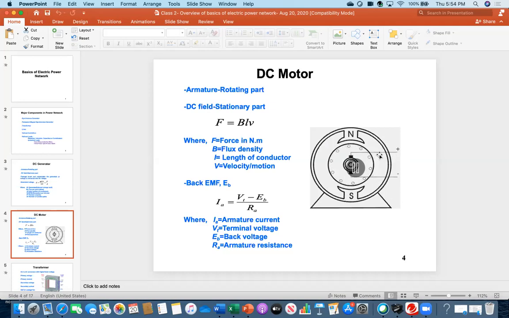Only once you apply the DC voltage will it rotate. But remember, in the case of a DC generator, from the beginning it is connected to the mechanical system, I mean the prime mover, whether a nuclear turbine, gas turbine, steam turbine or hydraulic turbine, whatever it is. From the beginning, mechanical power is available. In this case, from the beginning, the shaft is not rotating. Like think about your ceiling fan.